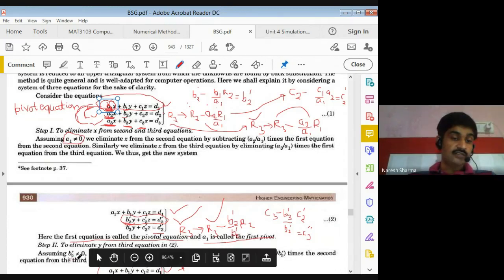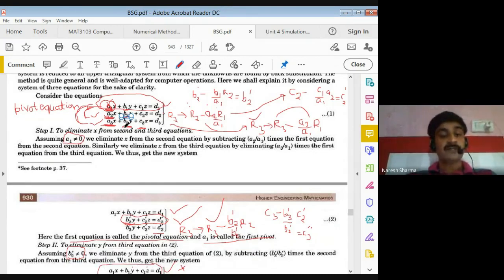Similarly, if in the second step you have 0 at the second location, we also interchange your second row with your third row. That is also called partial pivoting. Means once you interchange your rows, that is called partial pivoting.